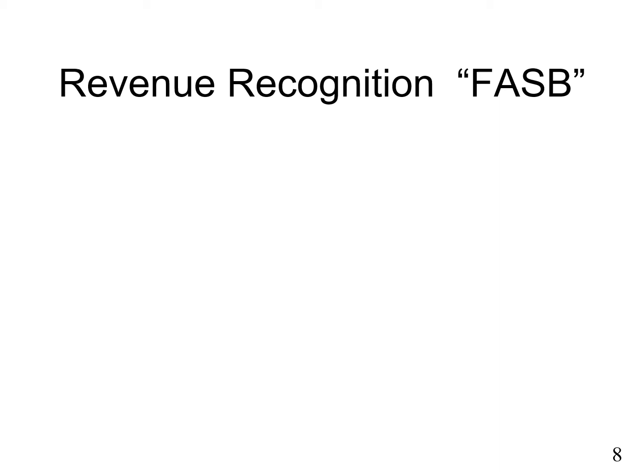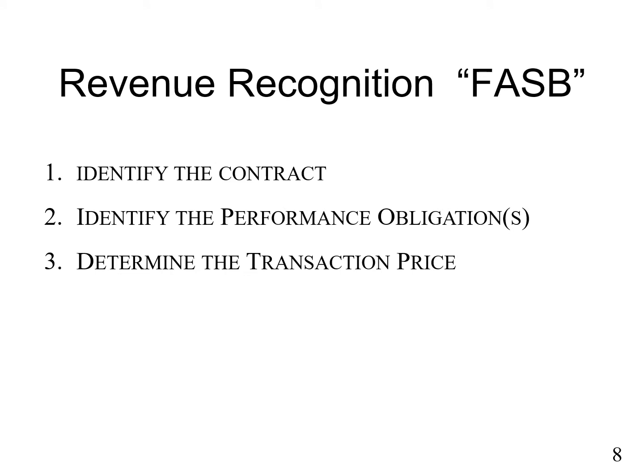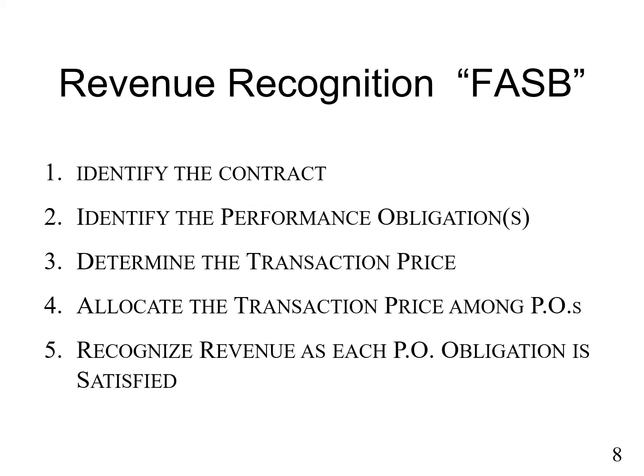In 321, you learned for revenue recognition that we need to identify the contract, identify the performance obligations, determine the transaction price, allocate the transaction price across the performance obligations, and recognize revenue as each performance obligation is satisfied.